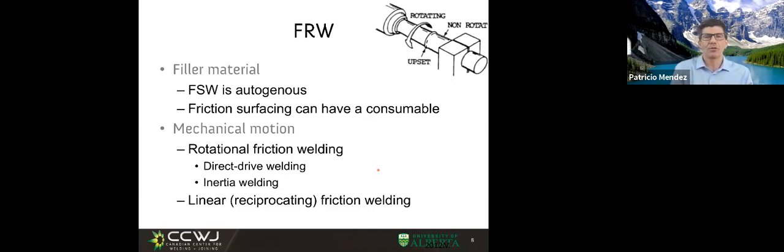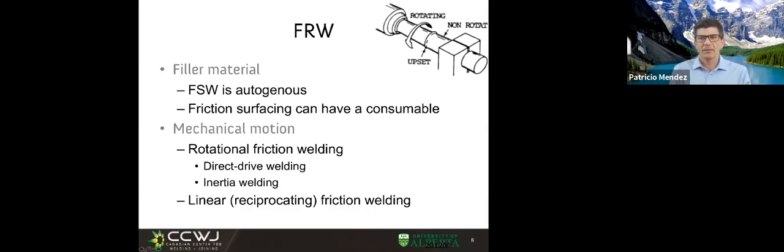You go with chalk over the sidewalk or on a board, and the chalk wears out and it's all on the board or on the sidewalk. It's a similar thing, but using plastic deformation at high temperature. But in any case, friction welding is autogenous. It can be driven by a transmission, a direct drive welding, or by inertia.